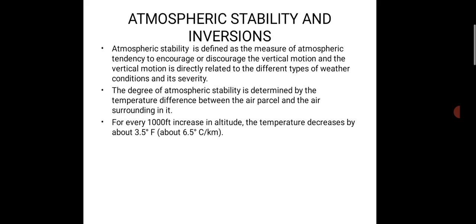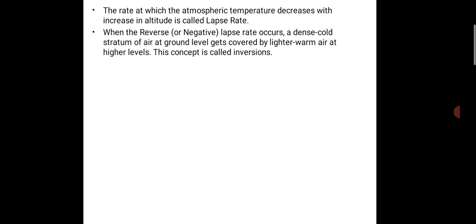For every 1000 feet increase in altitude, the temperature decreases by 3.5 degrees Fahrenheit. The rate at which the atmospheric temperature decreases with increase in altitude is called the lapse rate.